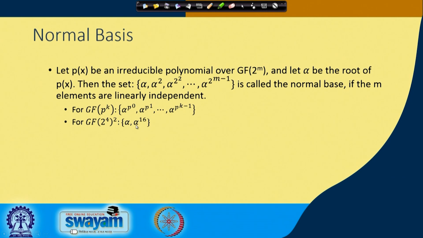So, essentially this would be my basis for GF((2^4)^2). Likewise, for GF((2^2)^2), my basis would be omega and omega to the power of 4. Finally, when we go down to GF(2^2), the lower basis will be denoted as omega and omega square.